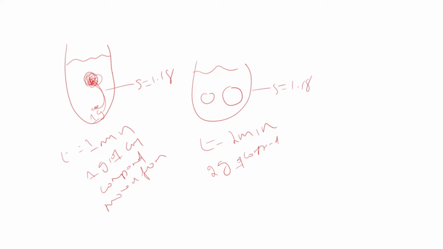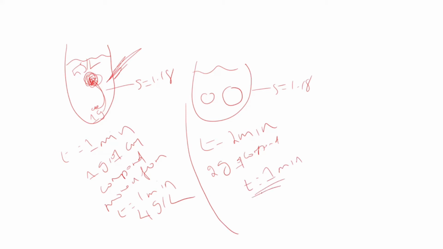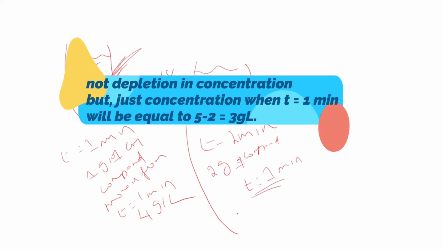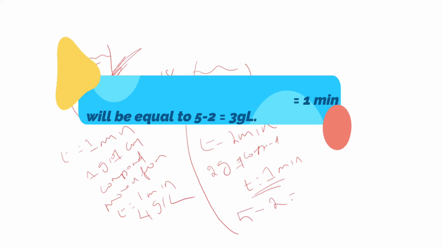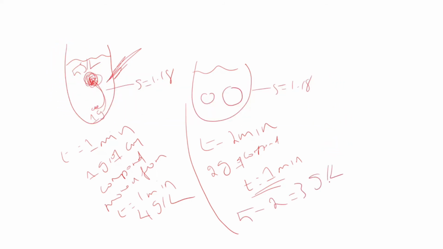Say if you have a probe here and you start at 5 grams per liter, at the end of t equals 1 minute your concentration will be 4 grams per liter. But in the second experiment, at the end of 1 minute, the concentration will be 5 minus 2, that will be 3 grams per liter.